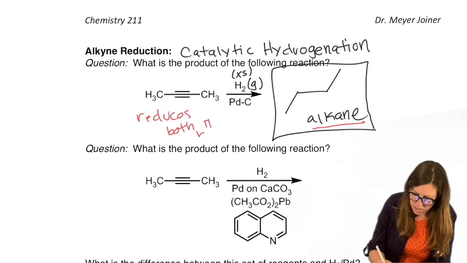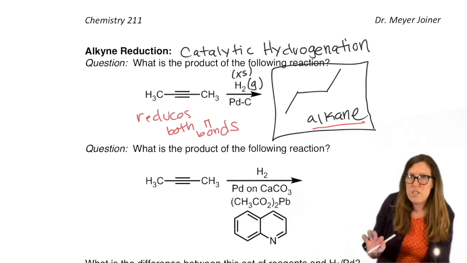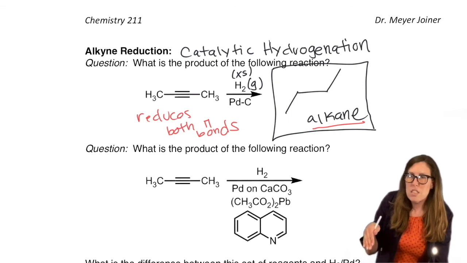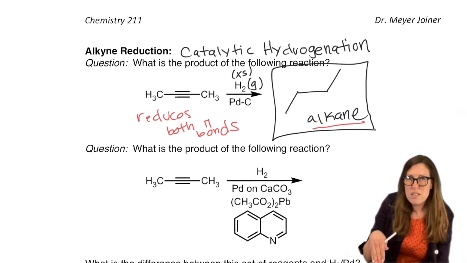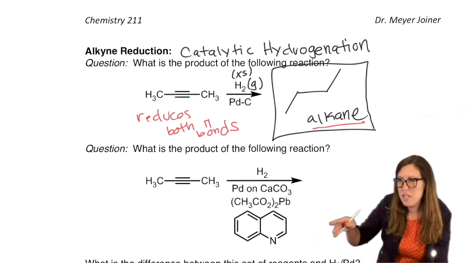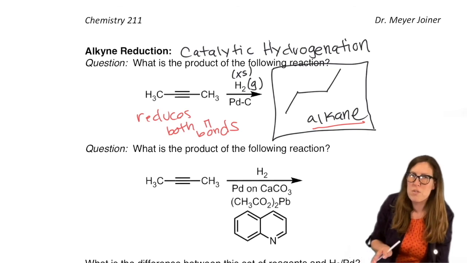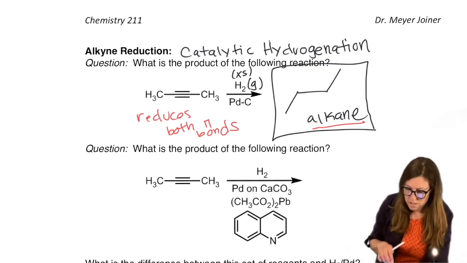And one thing we know about alkanes is they're more or less a dead end synthetically. So we don't often want to do that. It loses functional group. So if we're at the very end of a synthesis and we need something to become an alkyl chain, fine. But a lot of the times we want to maybe only remove 1 pi bond. And luckily there's a way to do that.